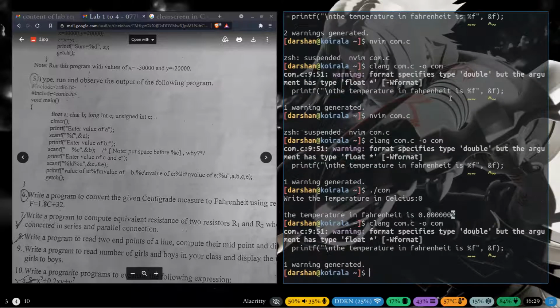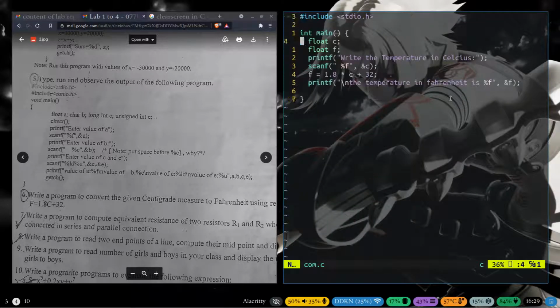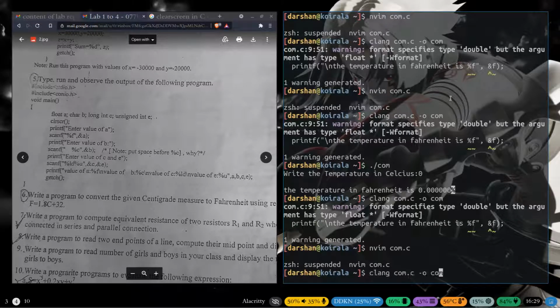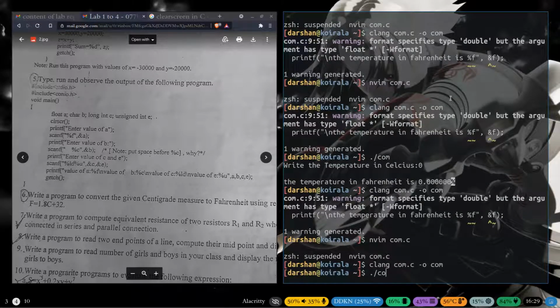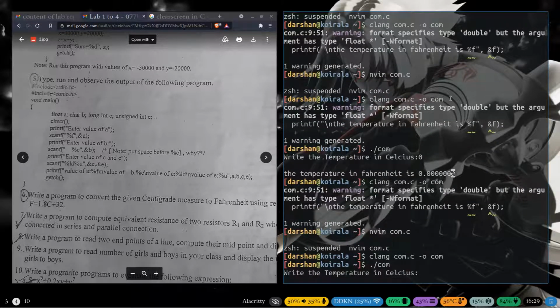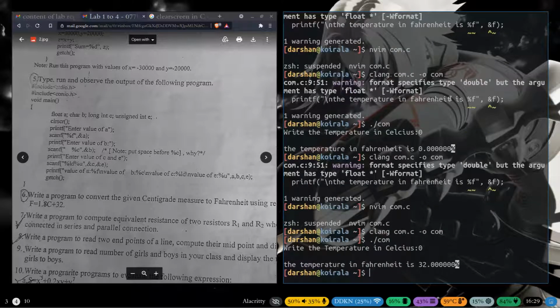No. Fahrenheit is, if I did the same thing here, then what will happen? C plus 32. So if this is what I'm going to do, it is working now.